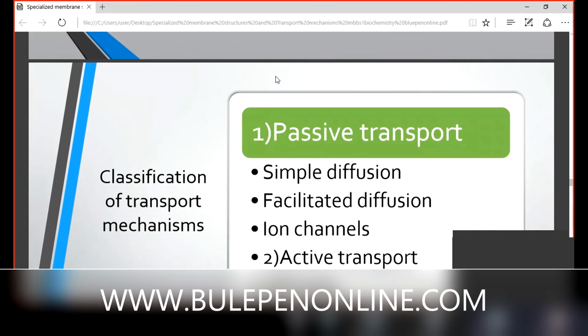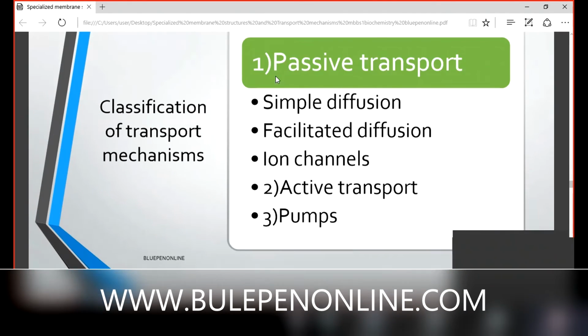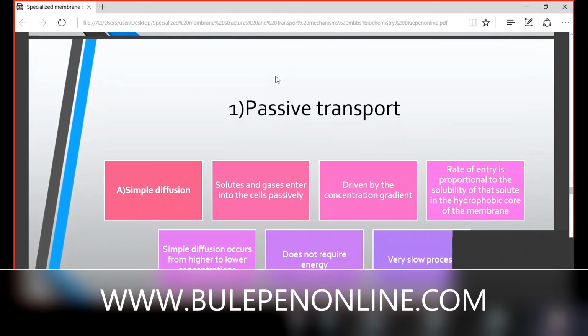What are the classifications of transport mechanism? Simple diffusion, facilitated diffusion. That comes under which category? Passive. Then the second one is active transport and the last one is pumps.